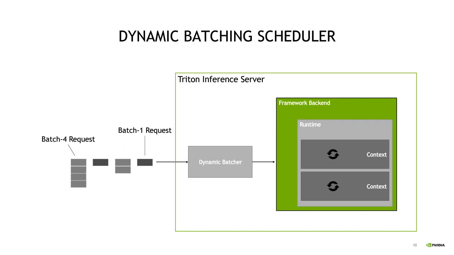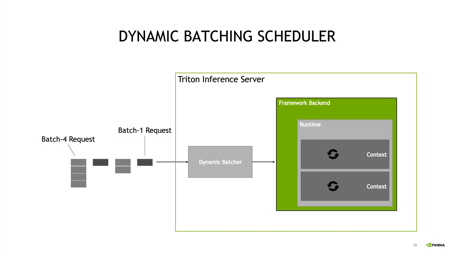The first one is the dynamic batching scheduler. Actually, it's part of the batching method. For most online systems, the incoming requests are not of a large batch size. They usually have a very small batch size, and the different requests might be different from each other.